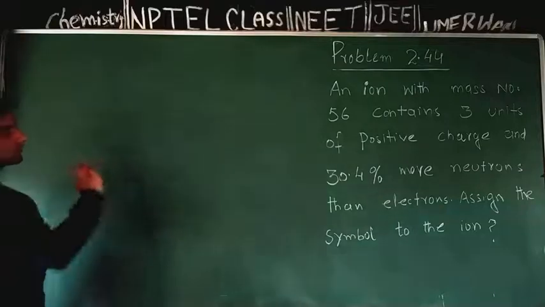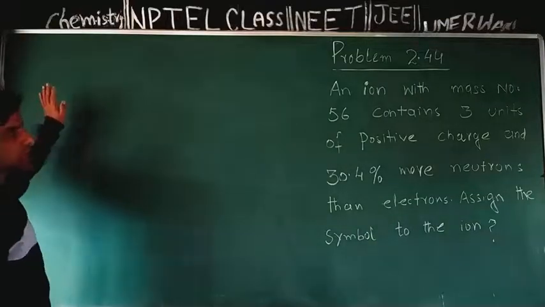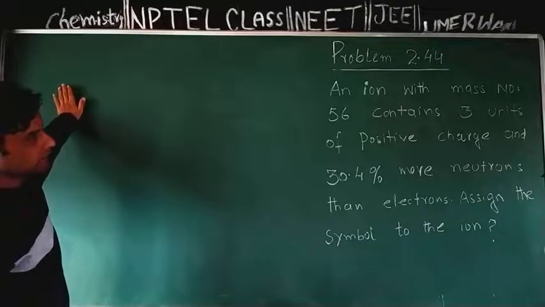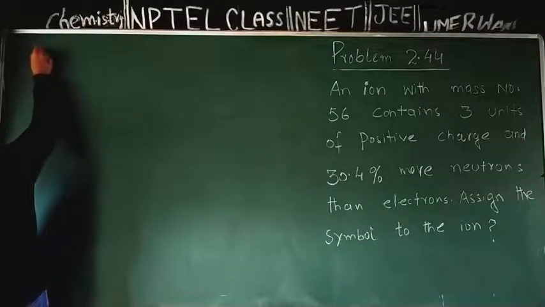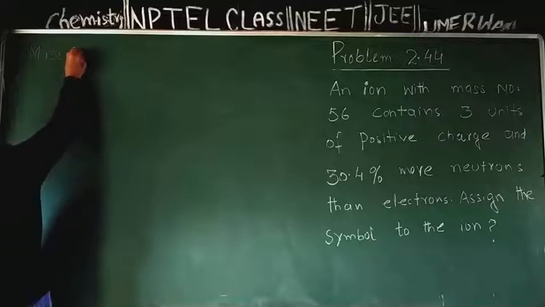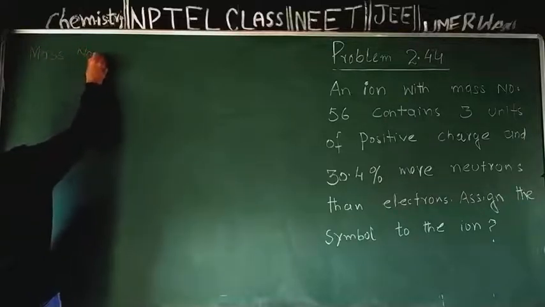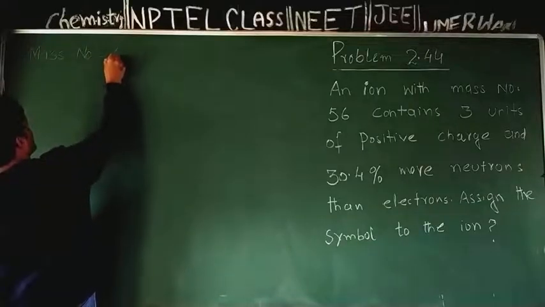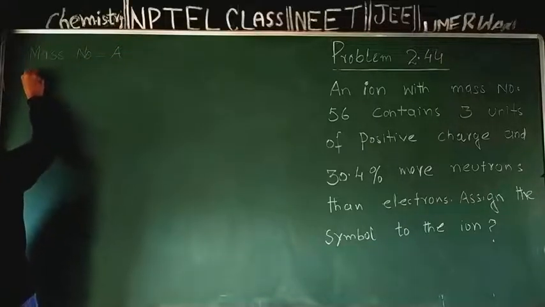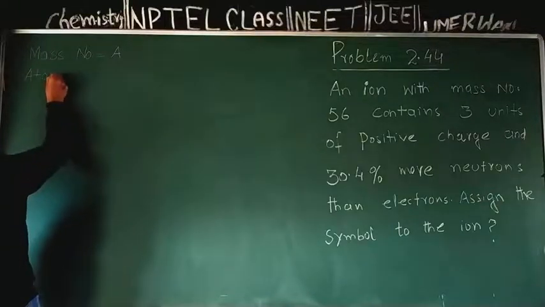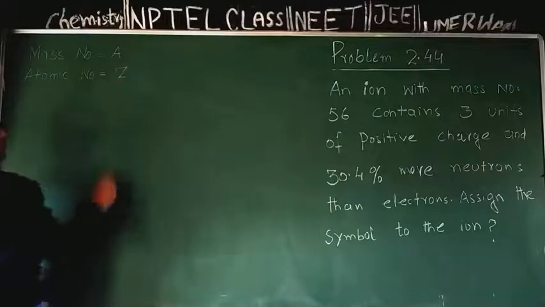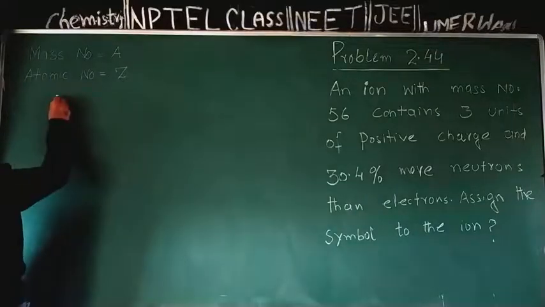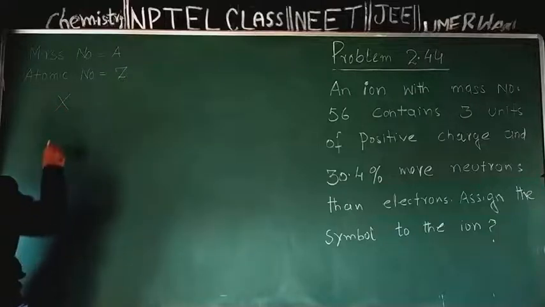Let me start to practice its solution with this idea that mass number is represented by A, atomic number is represented by Z, and I will represent this symbol of this ion by X, which I need to find.